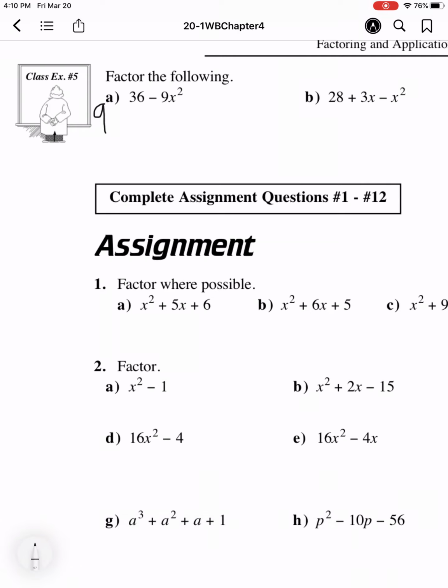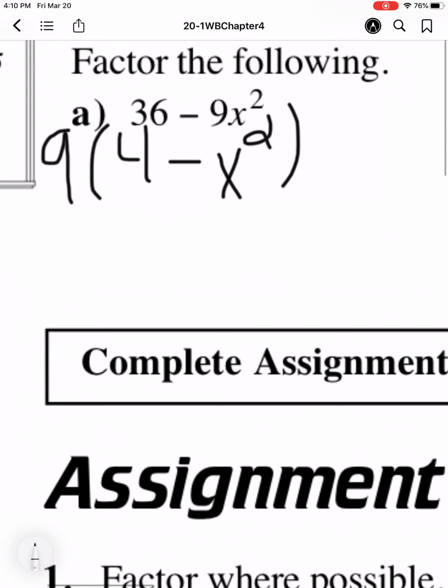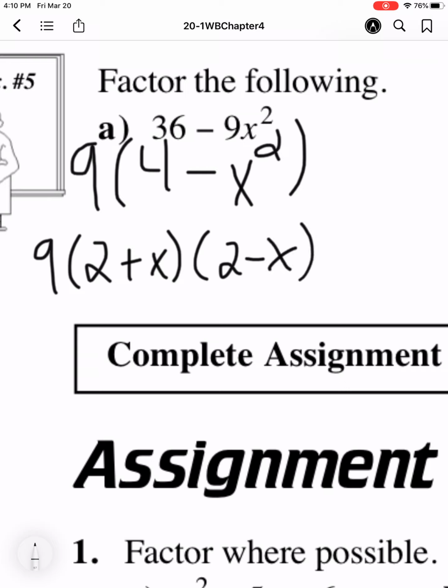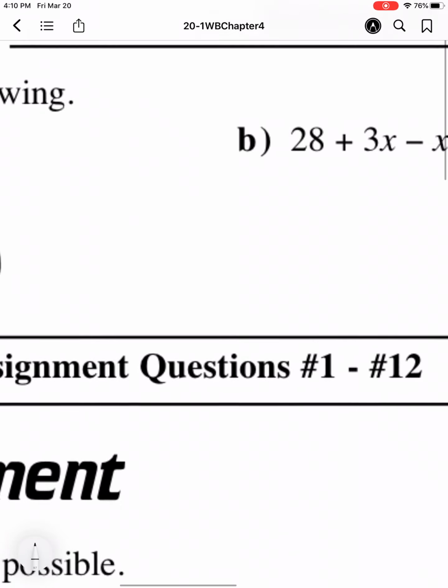So we're going to take the 9 out first, and that leaves me with 4 minus x squared. When I get that 4 minus x squared left, then I see the difference of squares. Now it becomes 9, 2 plus x, and 2 minus x. Sorry about that mistake, but again, we have to do the greatest common factor, then we do the difference of squares. It's going to make your life a lot easier.